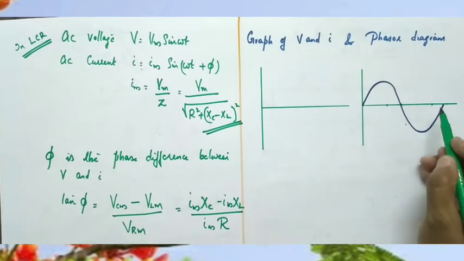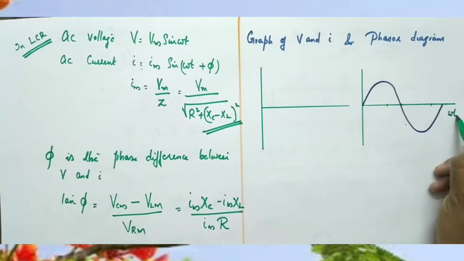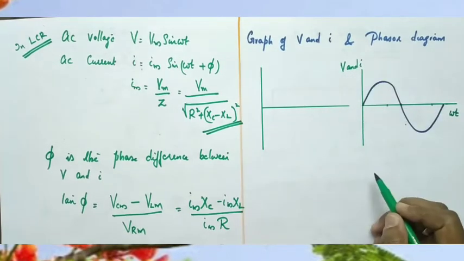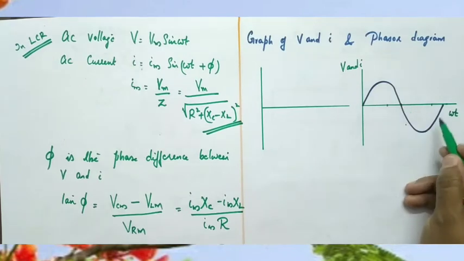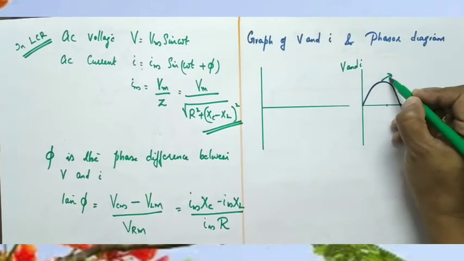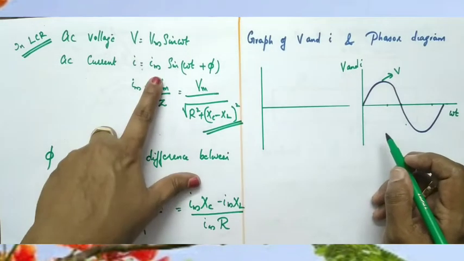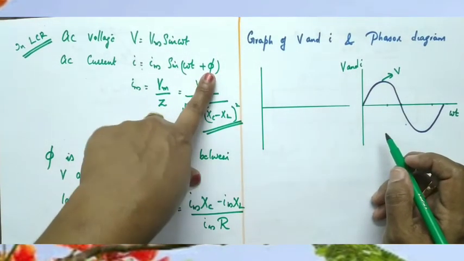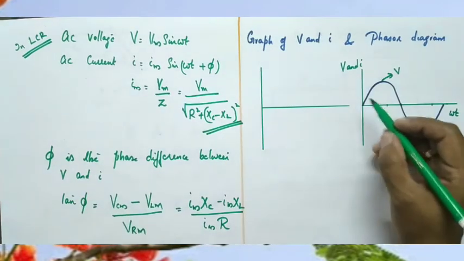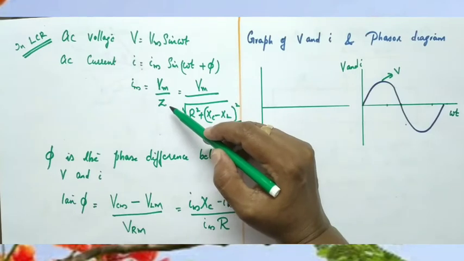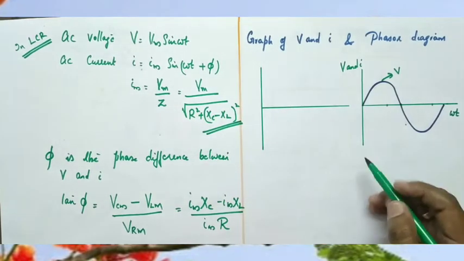We know that the graph is usually plotted with omega t along the x-axis, voltage and current along the y-axis. So here this represents the voltage curve, and what about the current? Current leads voltage by an angle phi. So how will you draw the current? The magnitude of current is Vm divided by Z, so the magnitude of current is less.